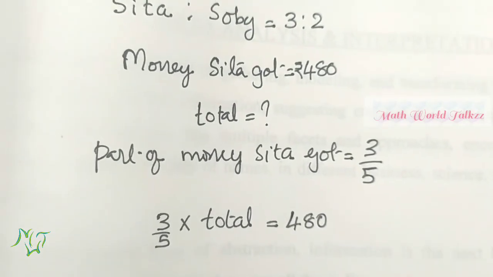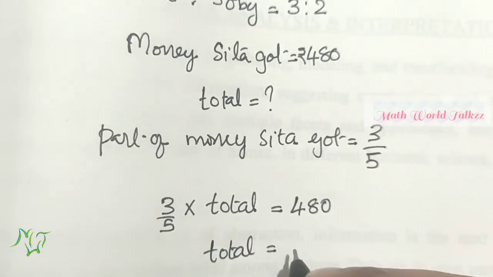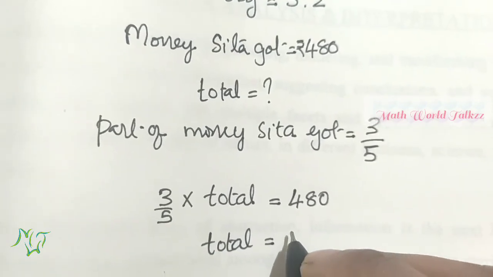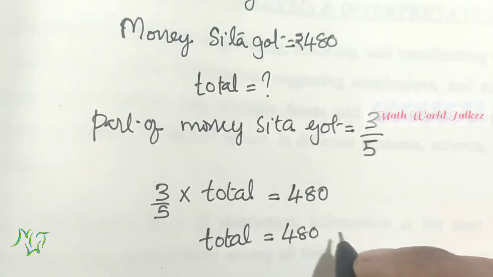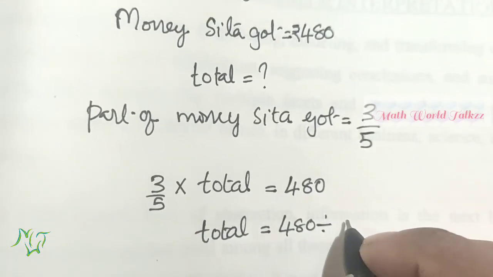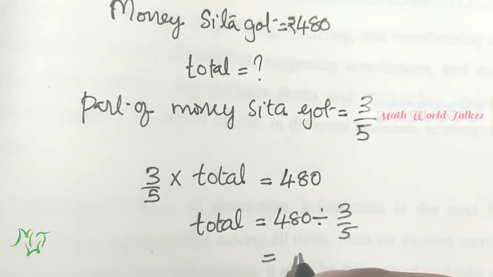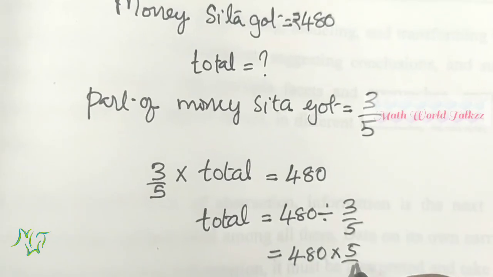How can we find out this total? Total is equal to, 3 by 5 we want to shift to the right side. So 480, here it is multiplication, so here it is division. 3 by 5. So that is equal to 480 into 5 by 3.